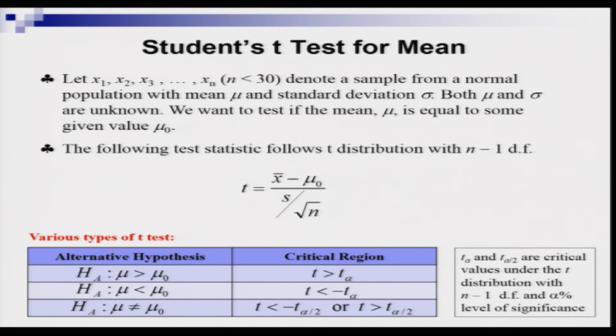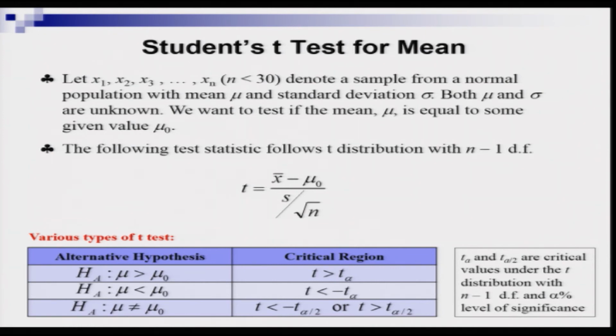Now there are 3 types of t-test which are possible in this context: of course, right tail test, left tail test and two tail test. Let us go through them one by one, and here I have summarized everything in the form of a table.